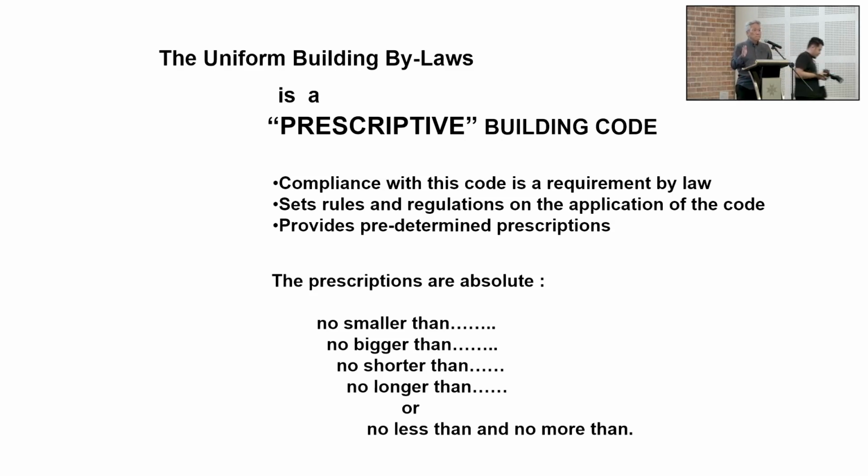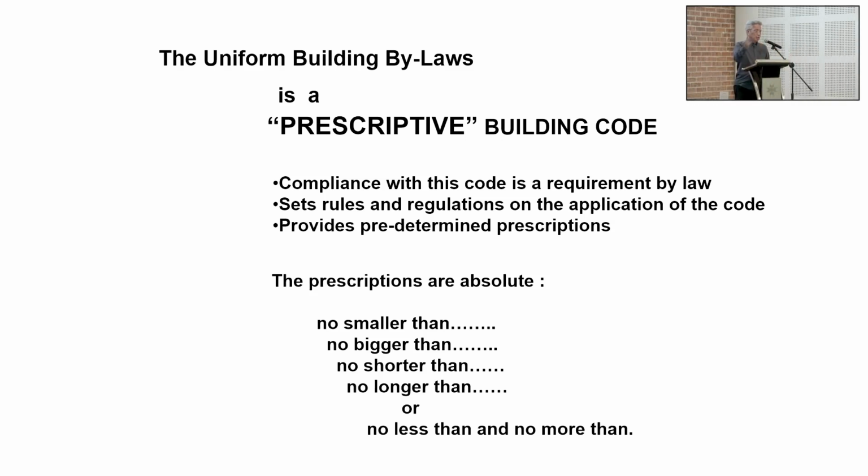It is not meant to be a document for us to get our design inspiration from. We just cannot do that. The Uniform Building Bylaw is actually a prescriptive building code. Compliance with this code is mandatory. It's statutory because it's a law.